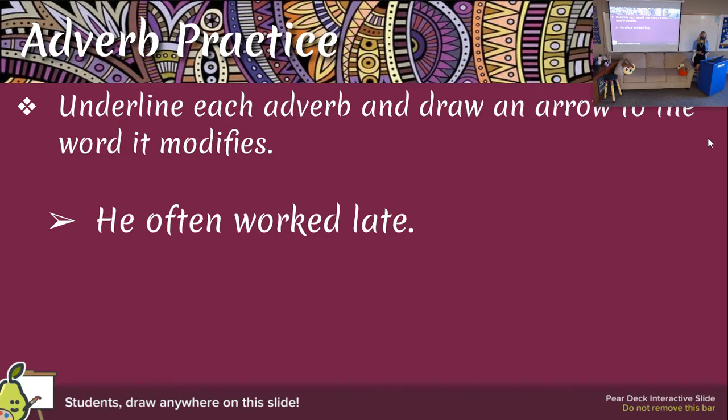Because a verb is never going to be an adverb, right? They're different parts of speech. So do not underline the verb in the sentence. Let's try to finish in 5.